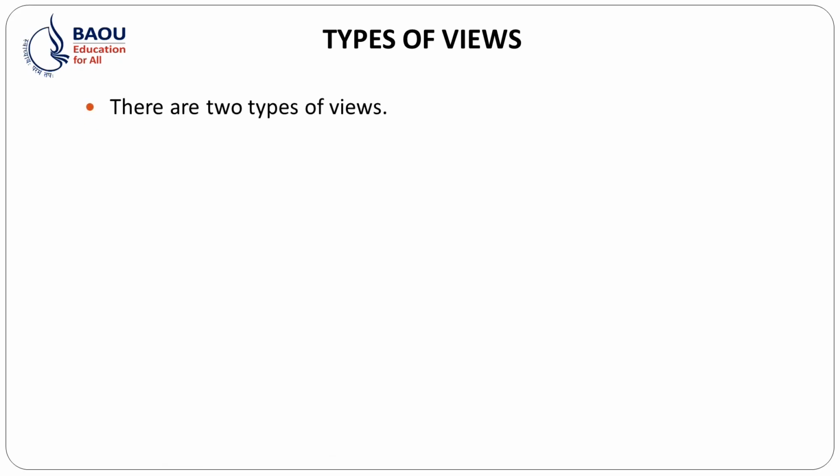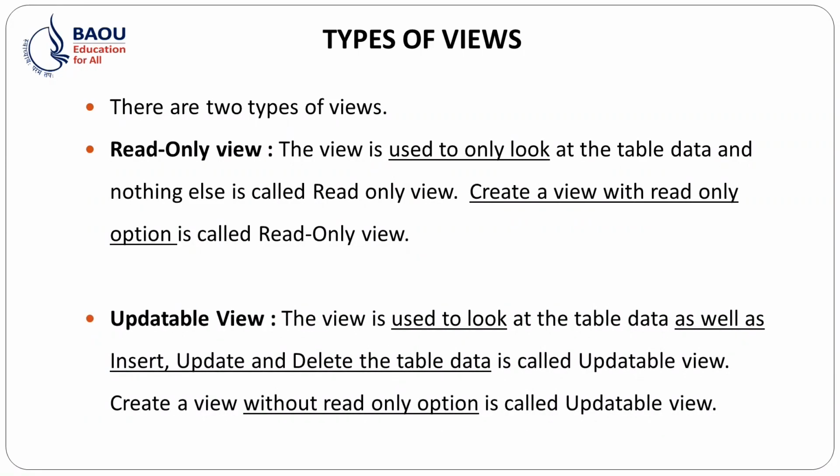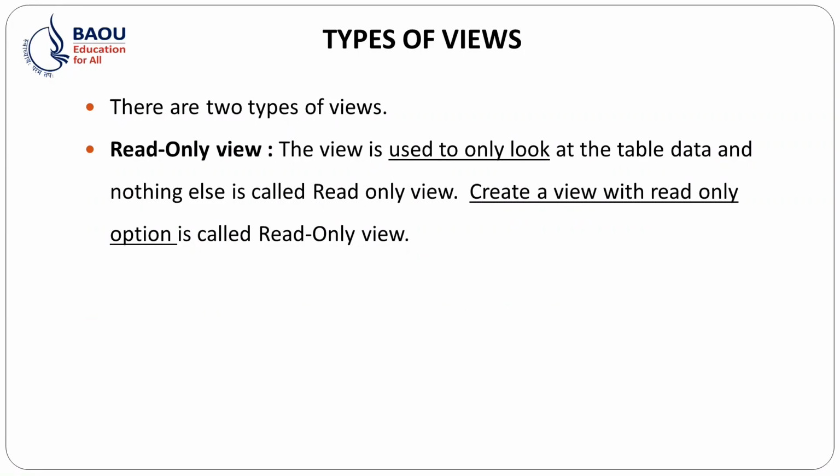Now, the different types of views. There are two types of views: read-only views and updatable views. First, we see read-only views. What do we mean by read-only views? The view is used only to look at the table data and nothing else. Creating the view with the read-only option is called a read-only view. We can't update through this view.